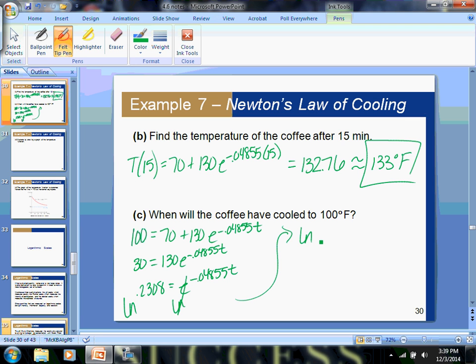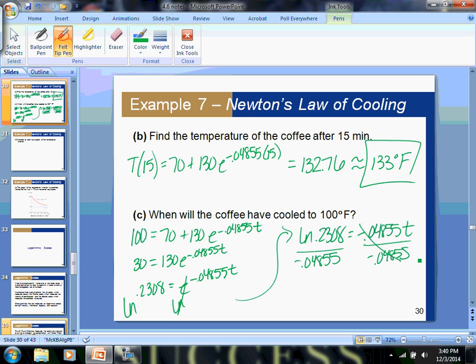So now I have the natural log of 0.2308 is equal to negative 0.04855t. So to solve for t, I've got to divide by negative 0.04855. Phew!